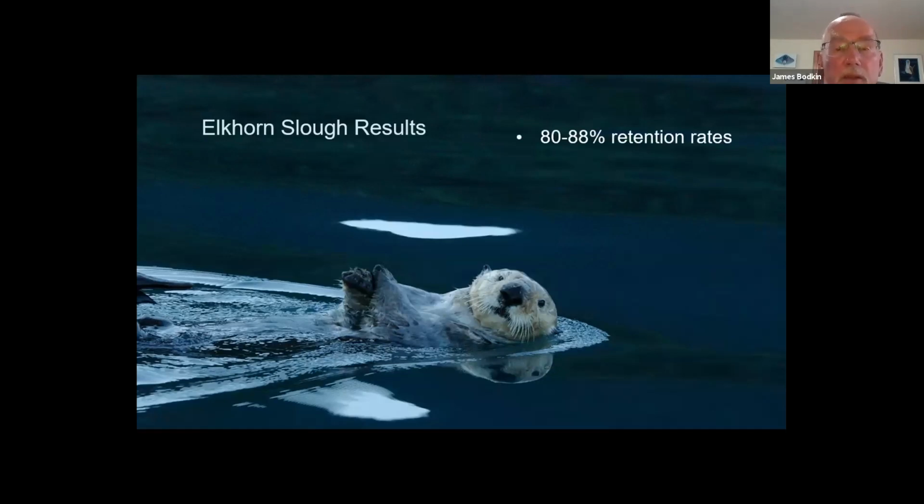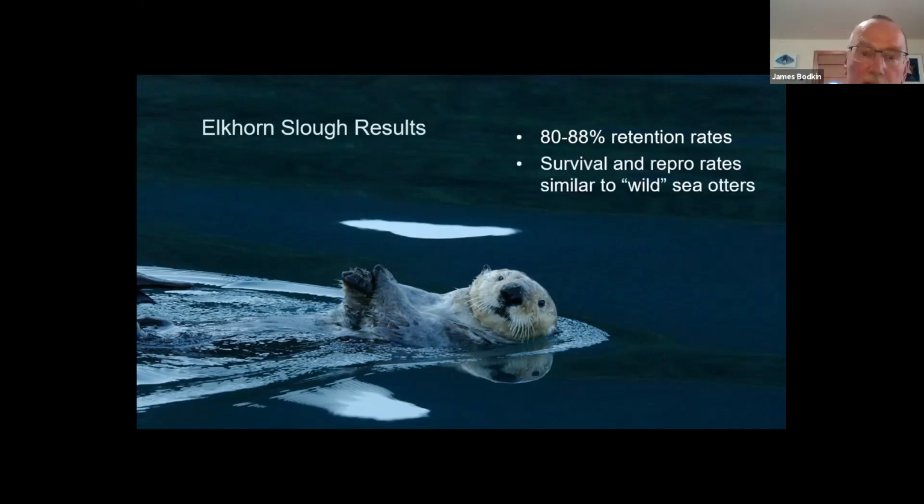So Elkhorn Slough results. They had very high retention rates, and they calculated these a little bit differently. An animal had to be seen for 2 weeks and remain in the slough for 2 weeks before they started calculating these rates. They calculated them differently because they had the option of recapturing animals that they thought needed to go back into captivity, returning them to captivity, and then re-releasing them.